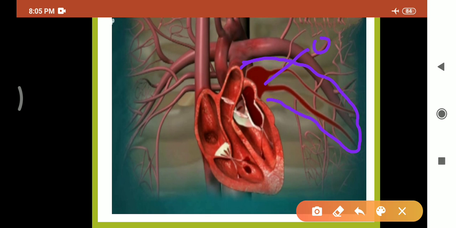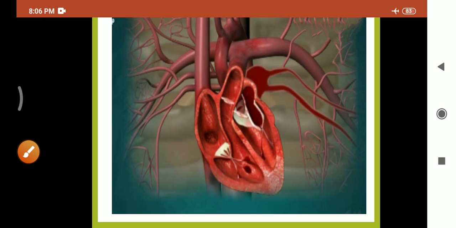That is the oxygenated blood, the purified blood. So this oxygenated, oxygen rich blood enters the left atrium. This is the left atrium, right?